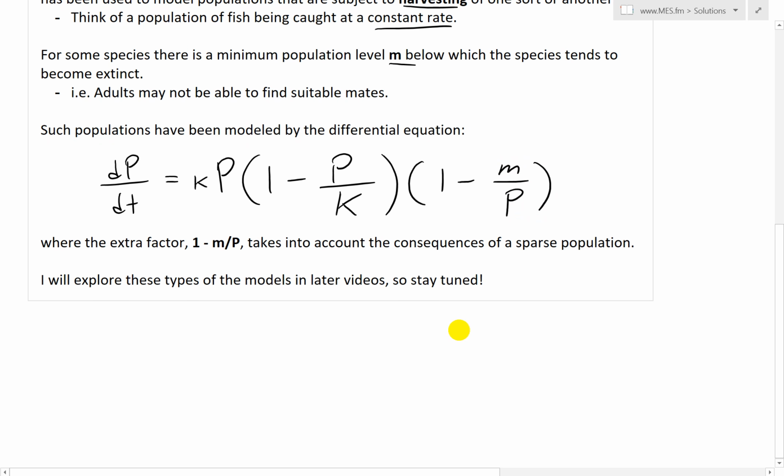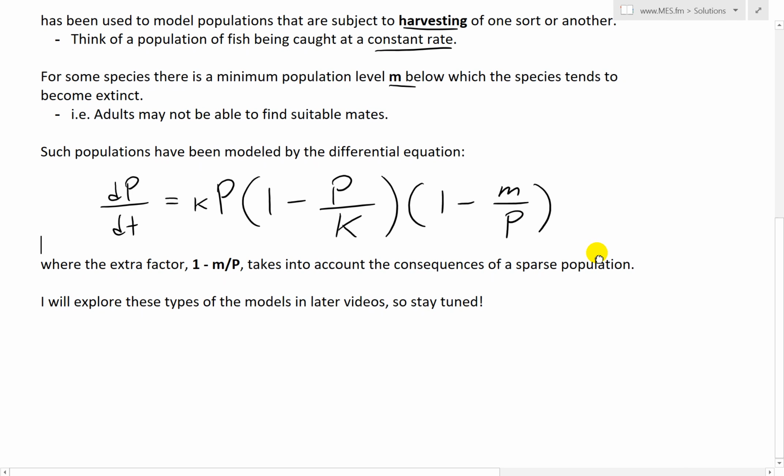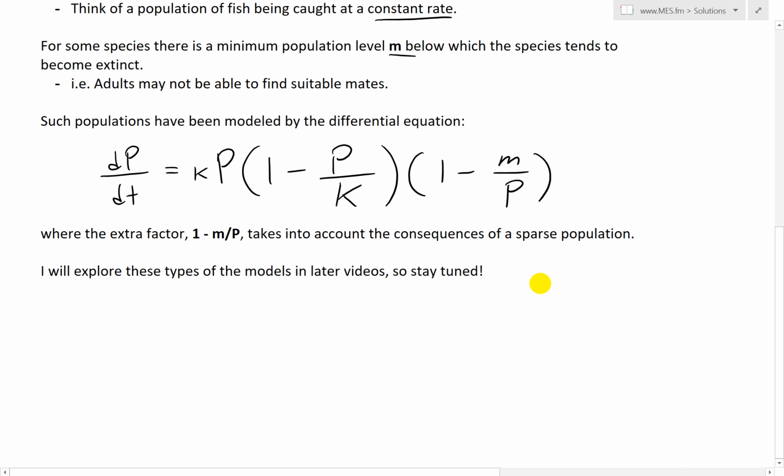Where basically this extra factor 1 minus m over P, where m is that minimum population level below which they become extinct. So it takes into account the consequences of a sparse population, or just basically scattered and very small population.